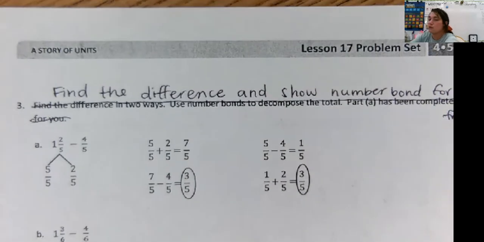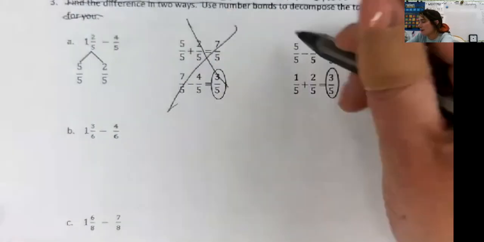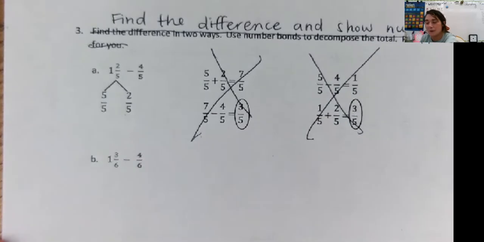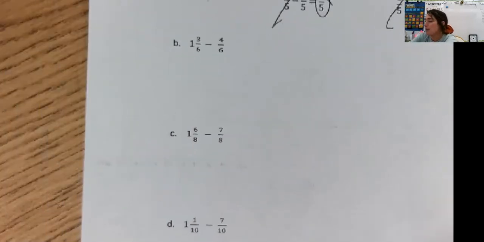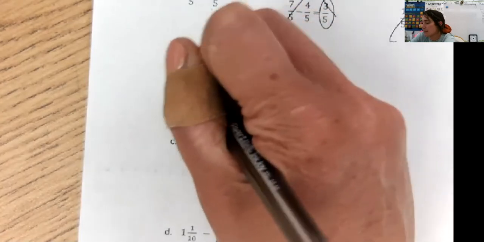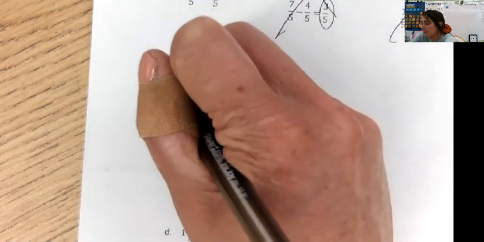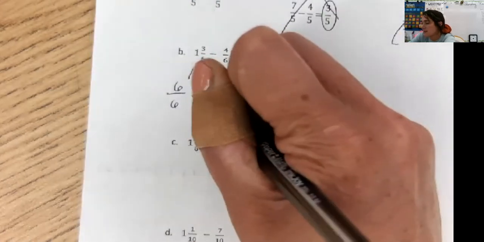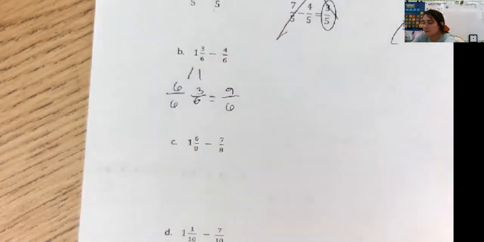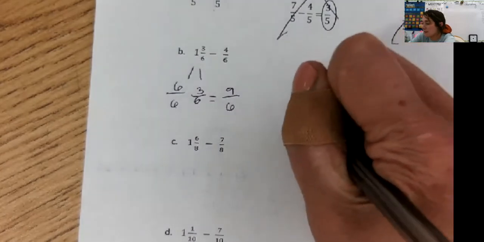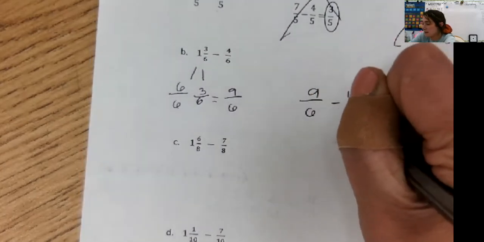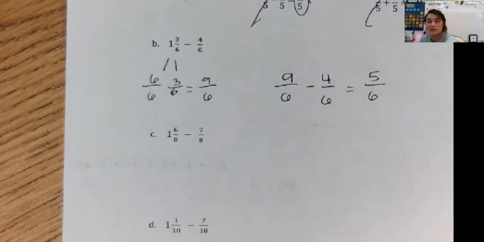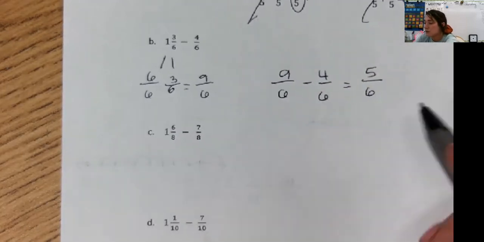So I'm going to ignore these parts here and do what they did here. So for B, I have 1 and 3/6. I'm going to have 6/6 and 3/6, which makes this the same as 9/6. So 9/6 minus 4/6 equals 5/6. And that is all I would like you to do for each one.